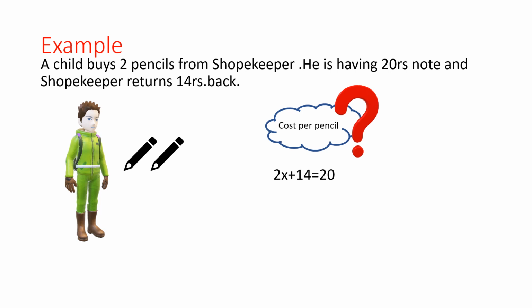Suppose the cost per pencil is x. So the cost of two pencils will become 2x. And the shopkeeper has already returned 14 rupees. So this much, 2x plus 14, should be equal to the value of 20 rupees.